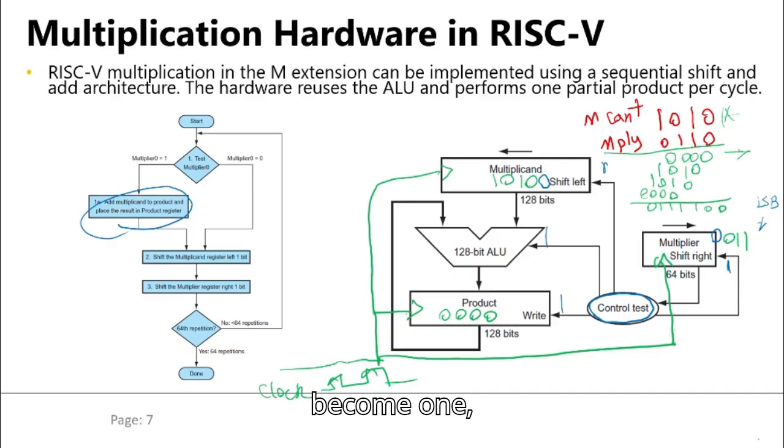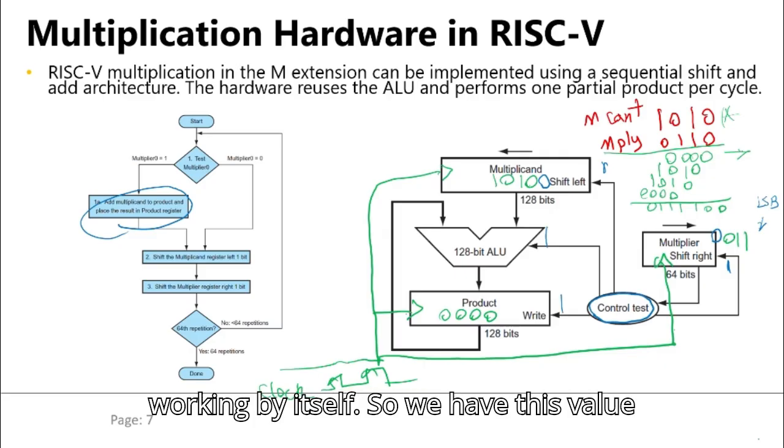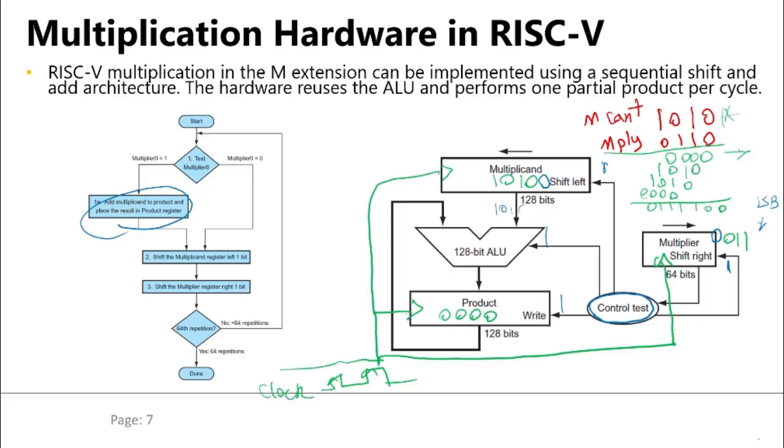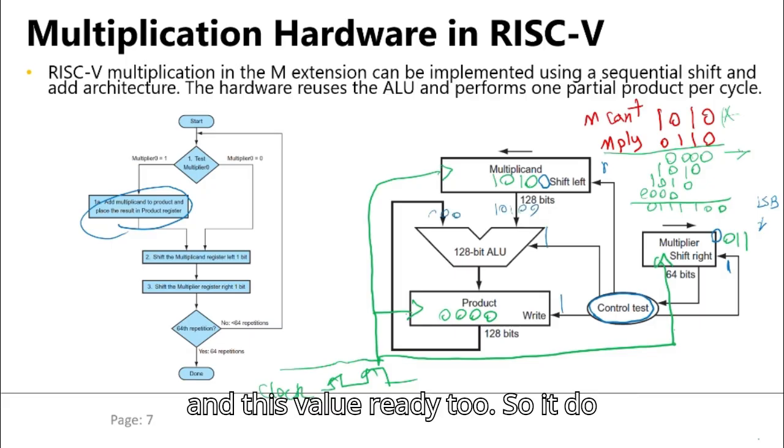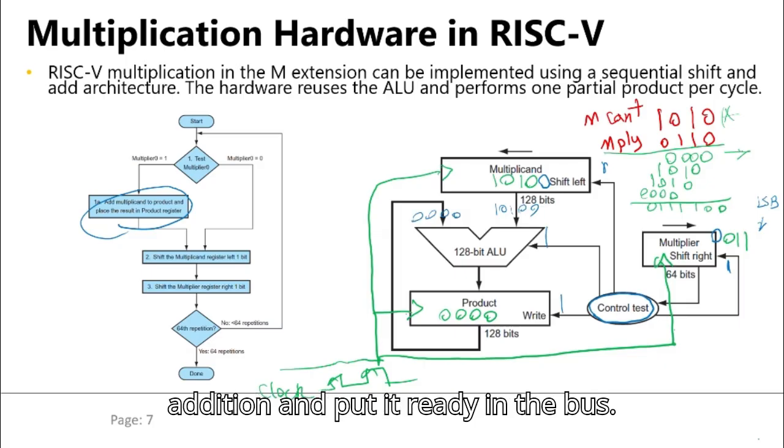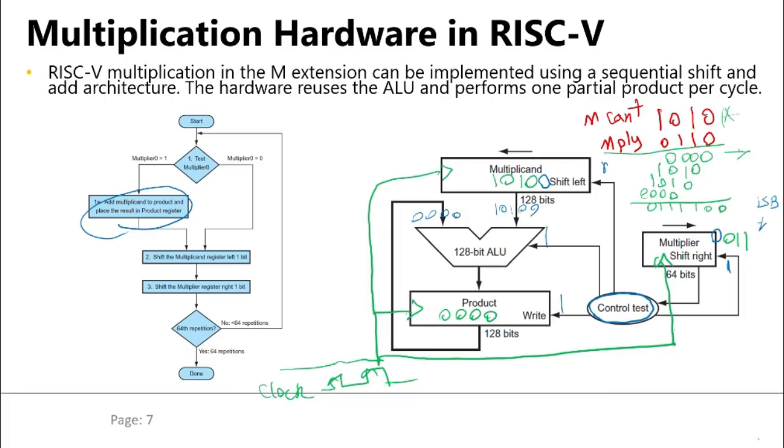When this becomes 1, the ALU is 1. The ALU is not sequential, so it's going to start working by itself. So we have this value and this value ready too. So it does the addition and puts it ready on the bus. So it's going to be 0, 0, 1, 0, 1.